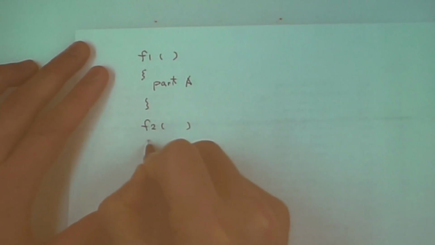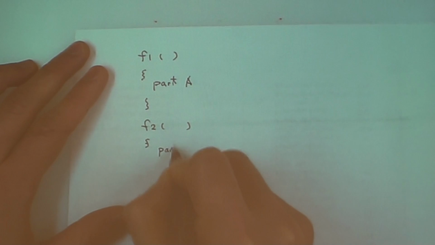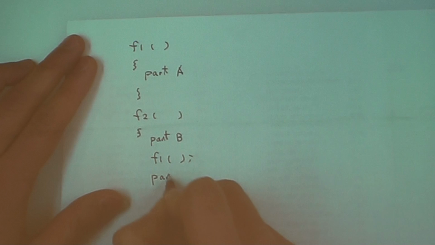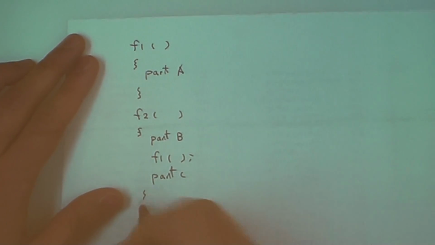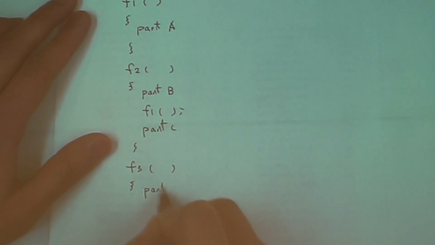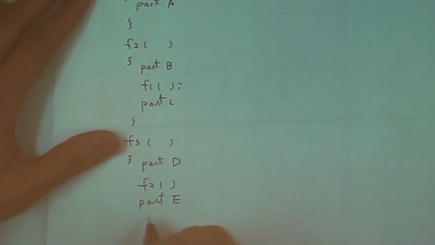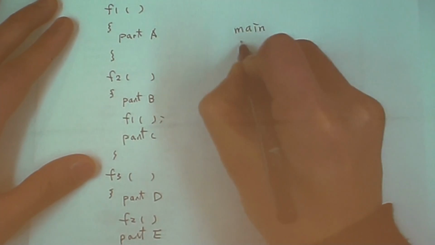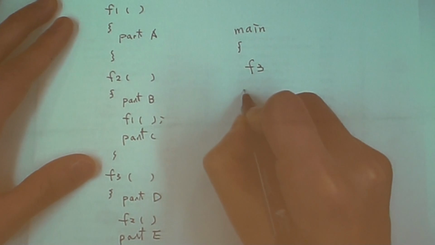In F2, I have part B, I call F1, I call part C, and in F3, I call part D, call F2, and E, call F1, F. And in my main function, I'm going to call F3.